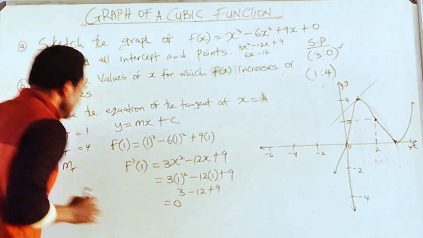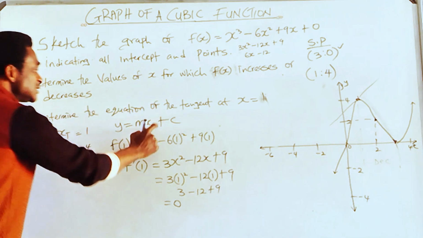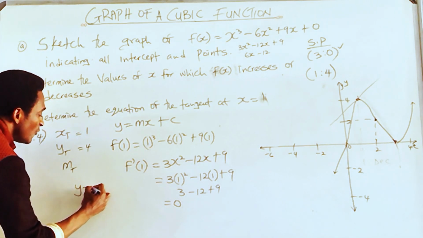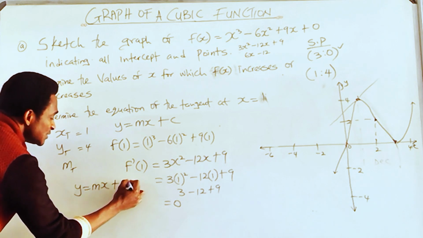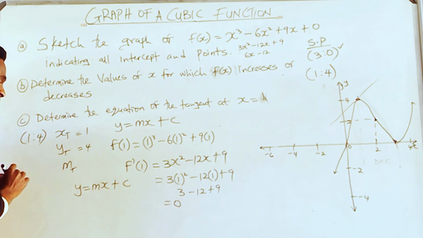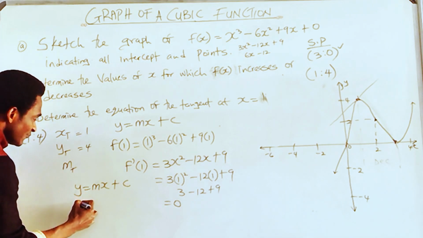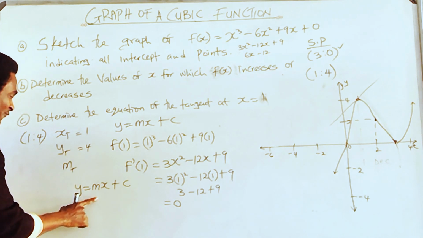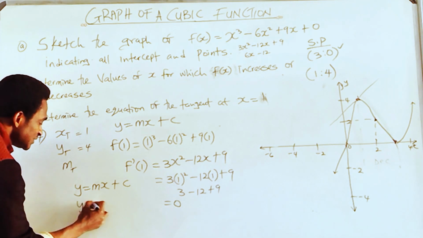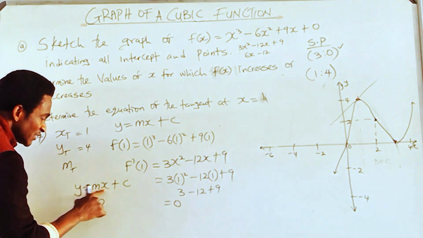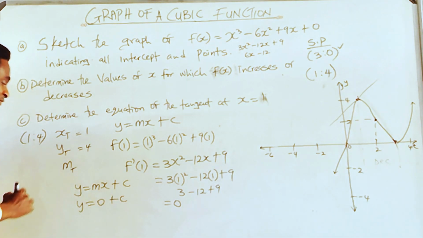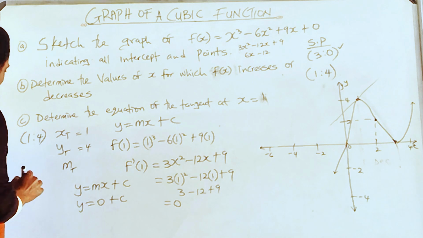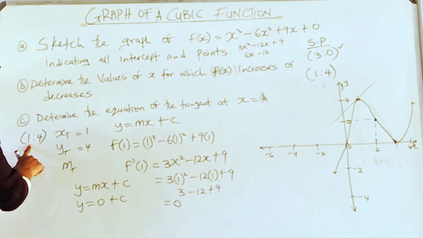So this gives us a 0. If we put this into the equation y equals mx plus c, with the point 1 and 4, our gradient is 0, so 0 times x is 0, plus c. And we will have 1 and 4.